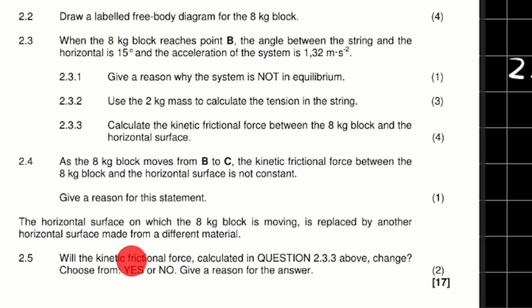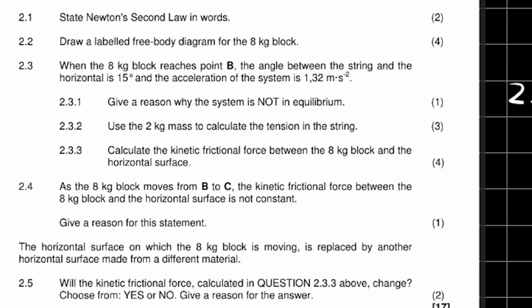The answer is yes, because the surface based on the material should change the frictional force. So like we said earlier, if the surface is smooth, the frictional force decreases, and if the surface is rough, the frictional force increases. And that is caused by the type of material that is used on the surface.